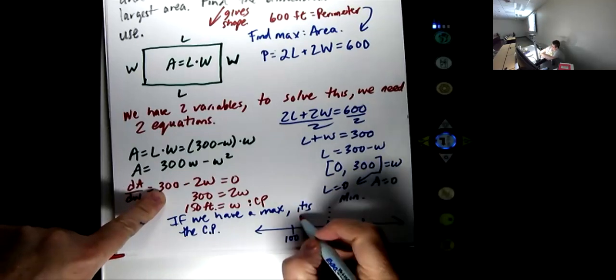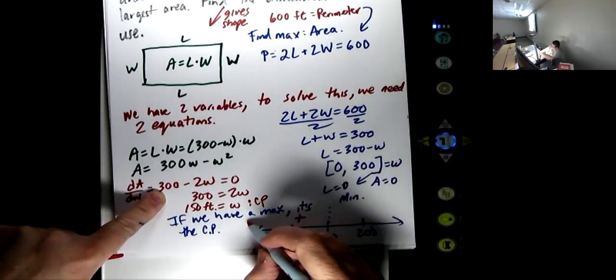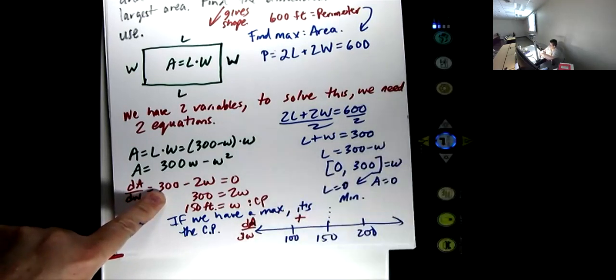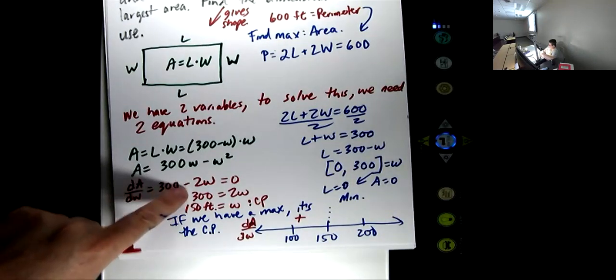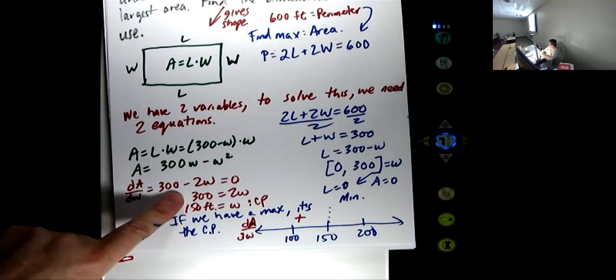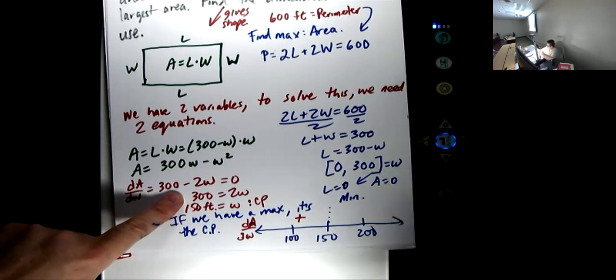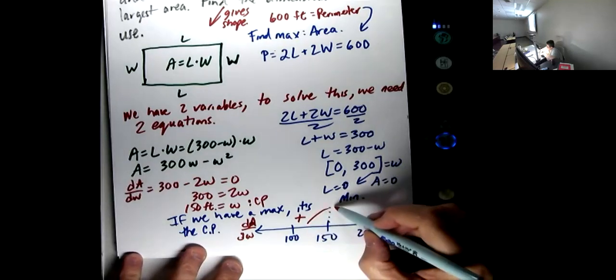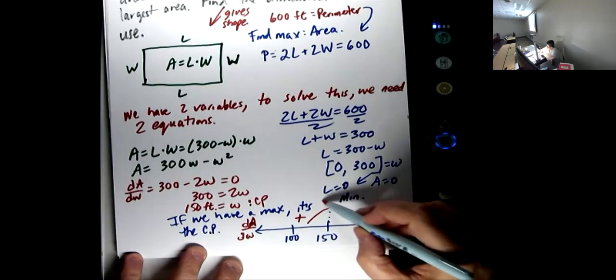This is positive. This is the first derivative we're looking at. If I stick in 200, 300 minus 2 times 200, 300 minus 400, is negative 100. So this is negative, and it looks like we've got a max.